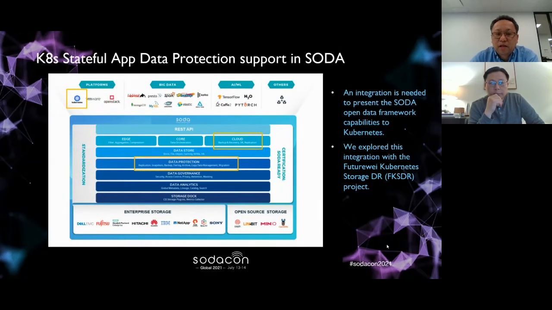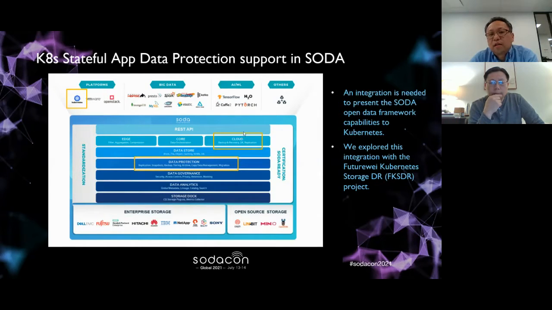Here's an architecture diagram of the SODA open data framework. As you can see on the top, on the platforms, we have Kubernetes, and SODA provides data protection capabilities with replication, snapshots, backup, tiering, archiving, and CDM and migration.